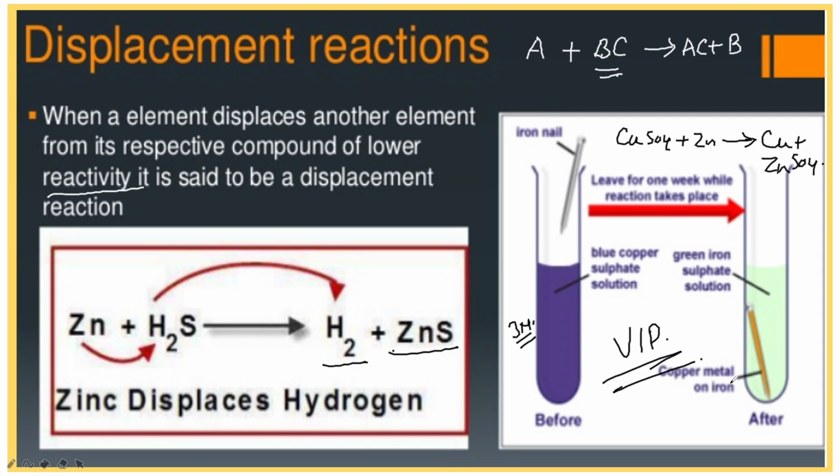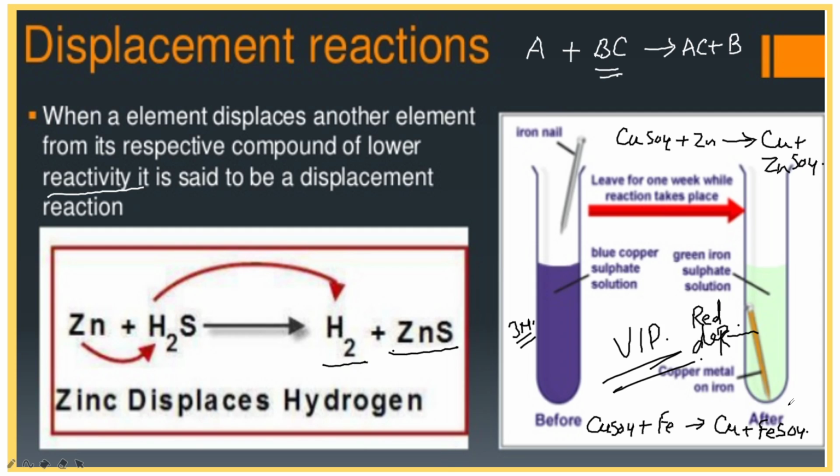After some time it will be seen like this. The blue color of the copper sulfate solution fades away, and a red deposit of copper is formed on the nail. Here you can see the color of the red deposit of copper formed on the nail. We write this experiment as CuSO4 plus Fe gives Cu plus FeSO4.